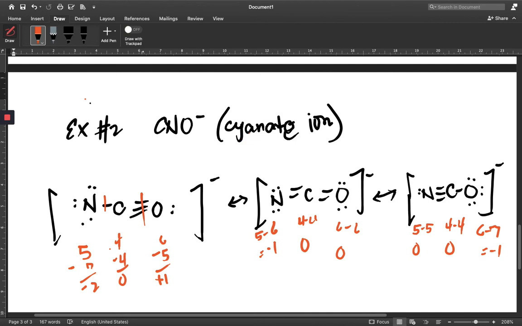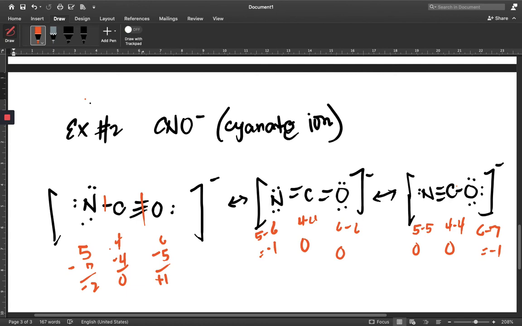So which one is your most stable, or most accepted, or most valid structure? First one is if it's at the lowest set of formal charges, and second, no negative charges must be adjacent to each other. And number 3, the negative formal charge must reside on the more electronegative element. So it's a battle between the second option, the middle structure, and the rightmost.